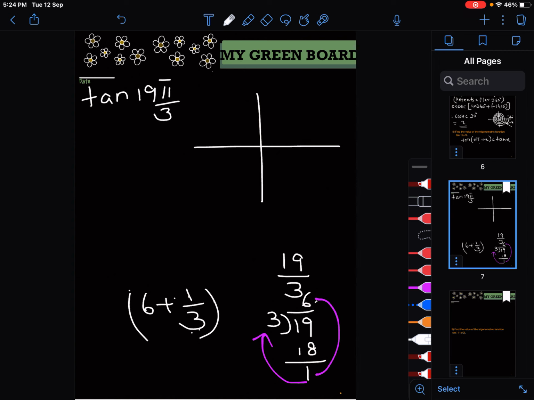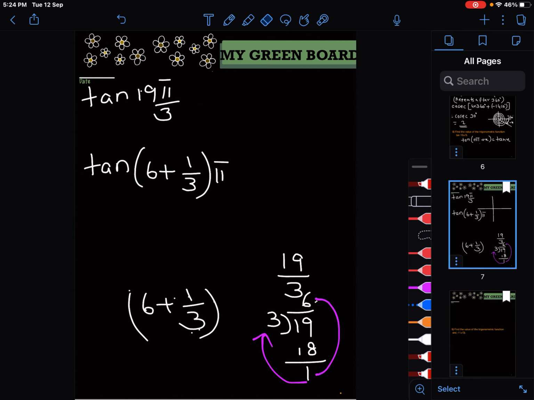So what we will be getting is tan of 6 plus 1 by 3. I am just taking this pi outside. Now the answer would be tan of pi by 3, isn't it? Because this becomes your tan of 6 pi plus pi by 3.